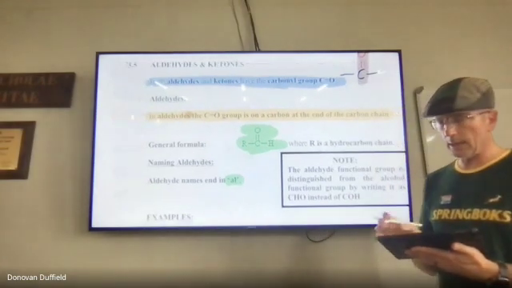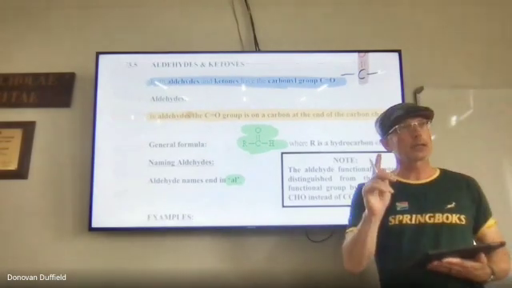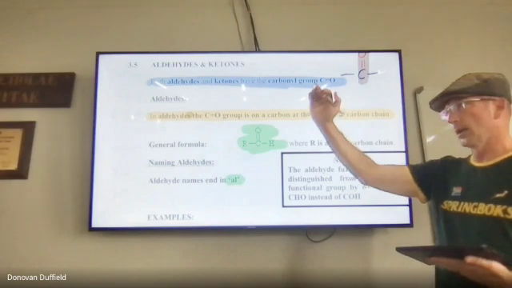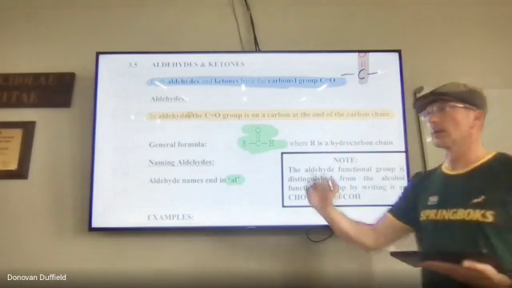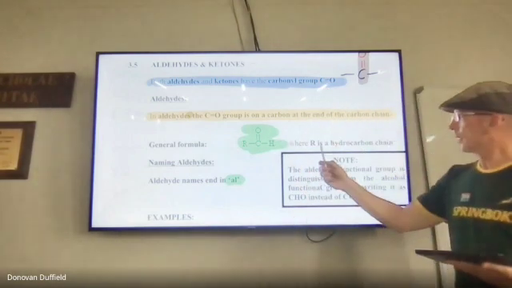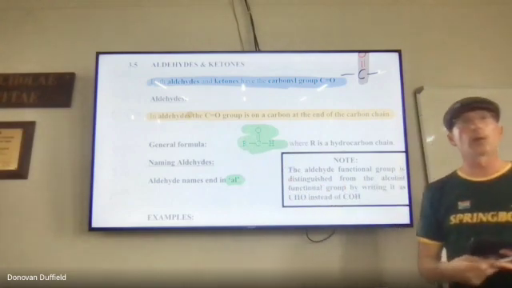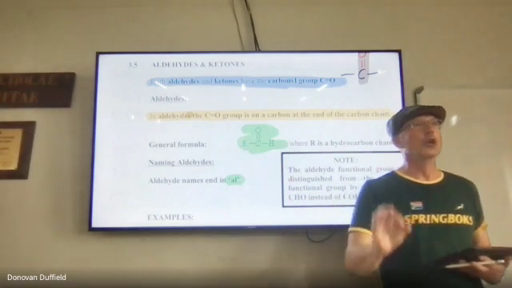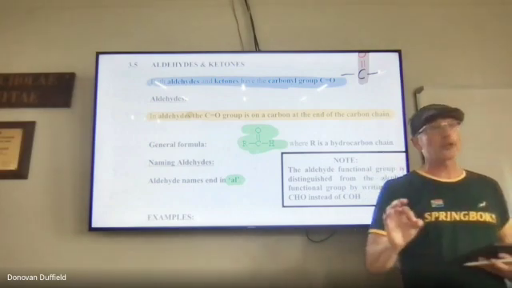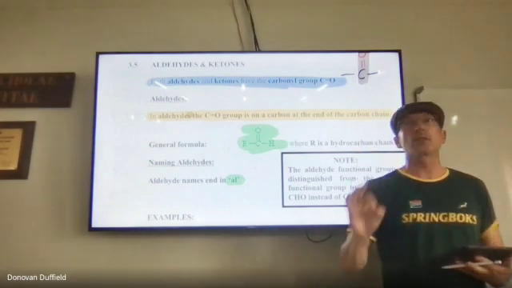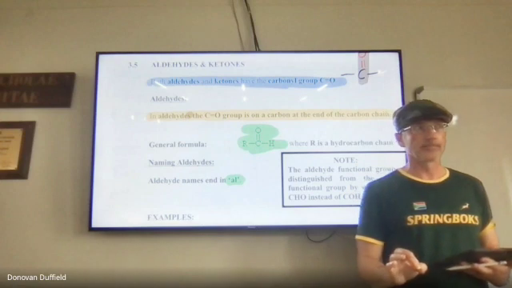Right, so let's take a look at the homologous series of aldehydes. The R in here represents a hydrocarbon chain. Now we do ask you to draw the structural diagram of specific functional groups.